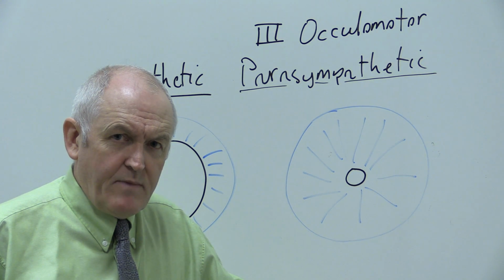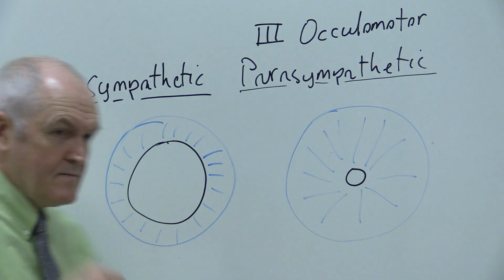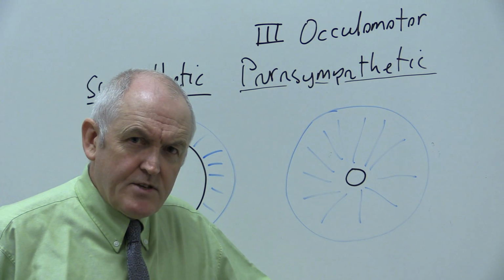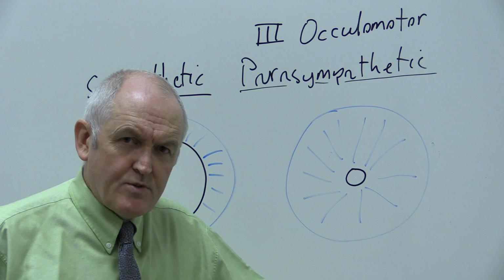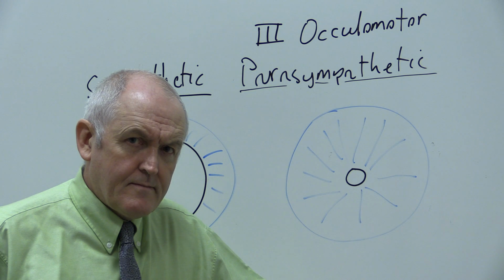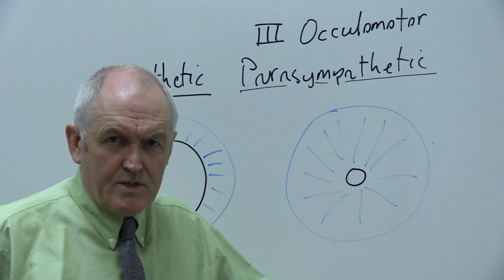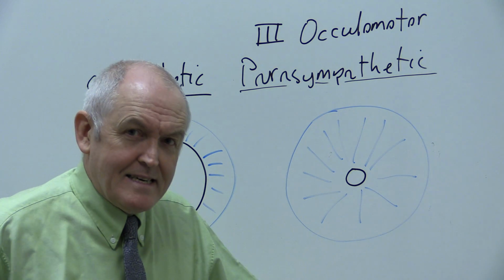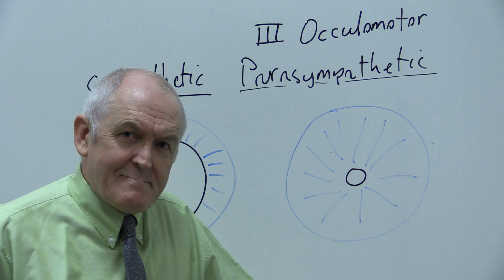And sympathetic stimulation will dilate the pupils. So if you look into someone's eyes and you find their pupils constrict, they're probably not attracted to you. If you look into someone's eyes and you find their pupils dilate, then they probably are attracted to you.